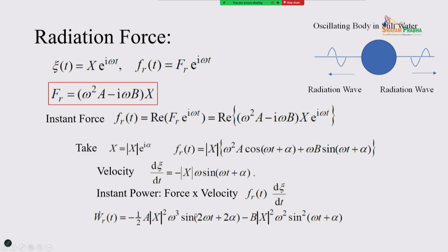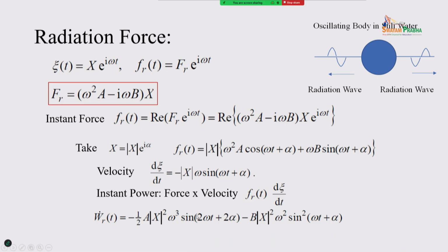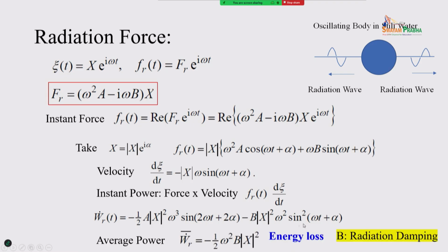In one period, what happens? You take the average over one period, and the oscillating term averages out, leaving the sine square term. You will find the average power is proportional to x square and to omega square.